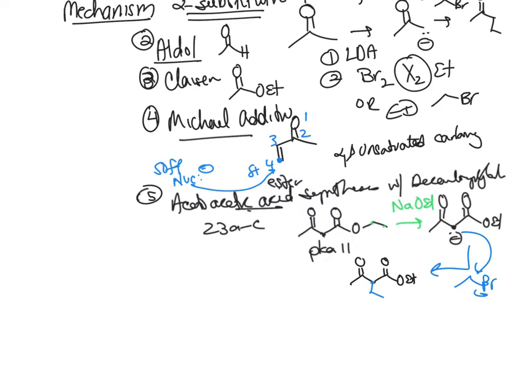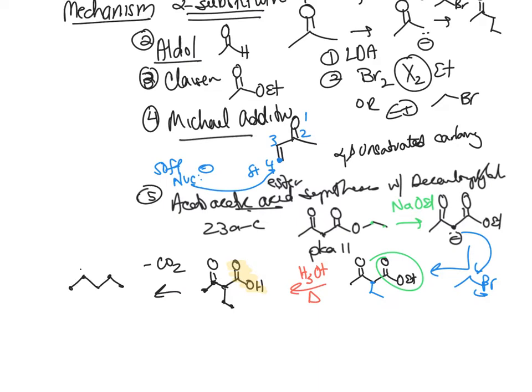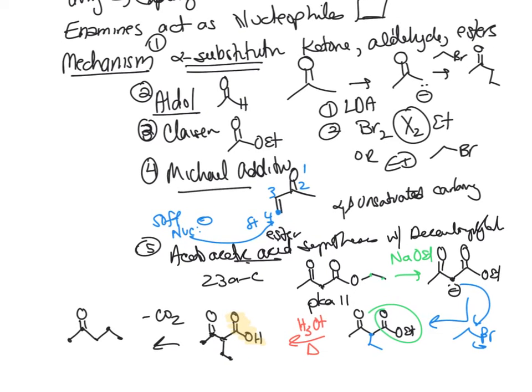Then you treat this with H3O plus and heat, and that does a hydrolysis of the ester, and then this also does a decarboxylation. We're going to lose that CO2, and then it's going to make a ketone. So those are 5 reactions that we've talked about, and now we're going to look at enamines.